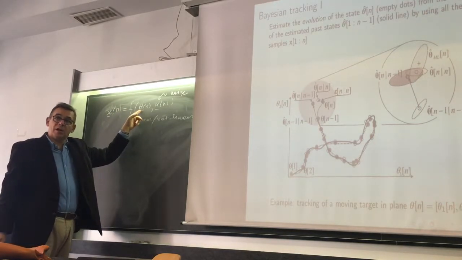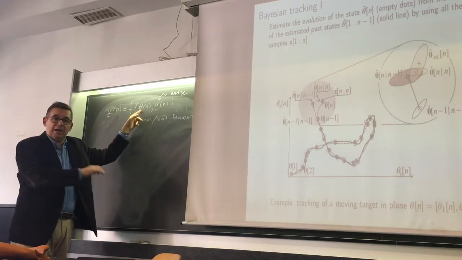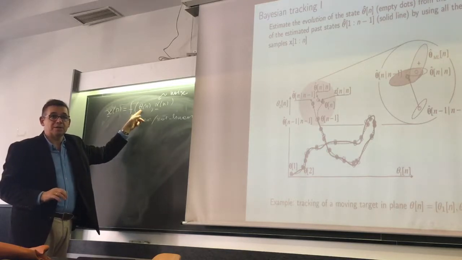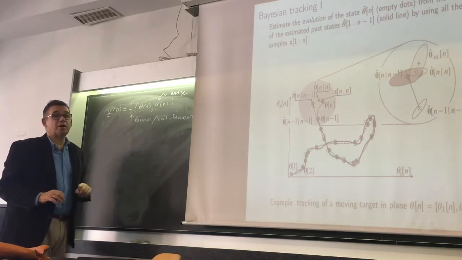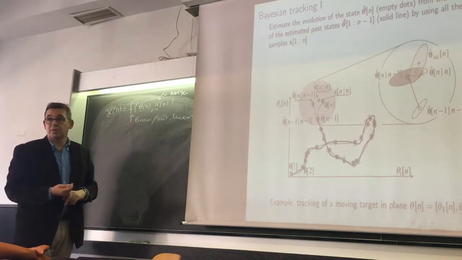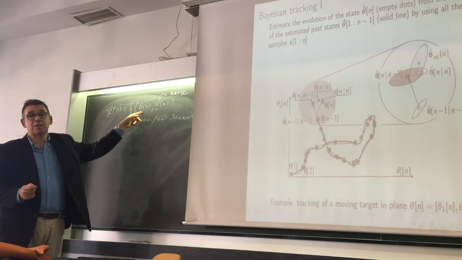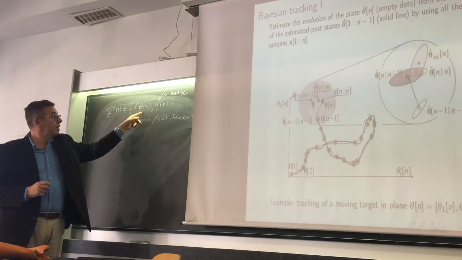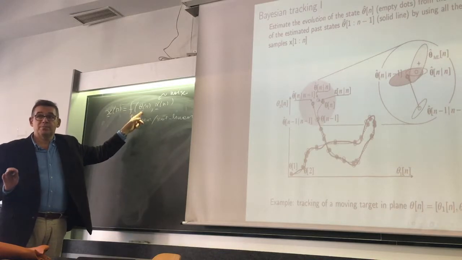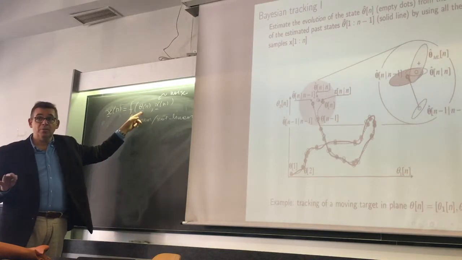If the parameters have some a priori, I can use some methods. If the set of parameters are not random, they are deterministic but not known, then I use a maximum likelihood method. If they are mixed, random and not random, we did not cover that.